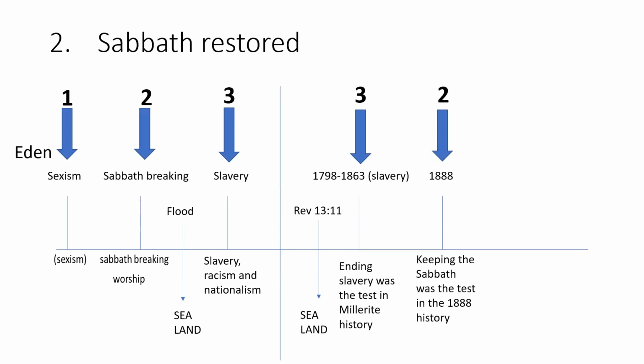I think this ties to the question that I had brought up at the beginning, which was that when we think about the 1888 history, I know Ellen White speaks of it, when dealing with the church specifically, as a Sabbath issue. But with regards to America, we know fundamentally it wasn't a Sabbath issue.